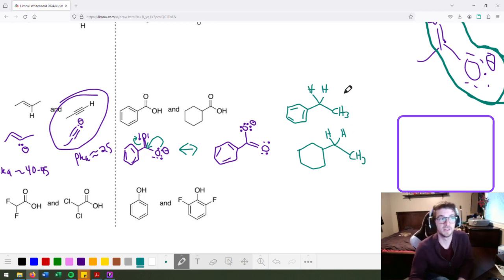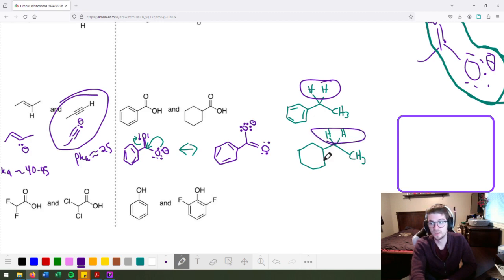So in an NMR spectrum, you would expect these hydrogens to be significantly more downfield compared to these hydrogens.